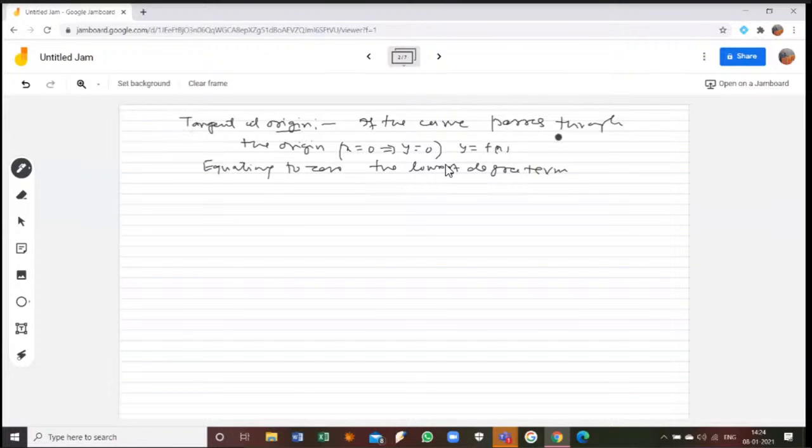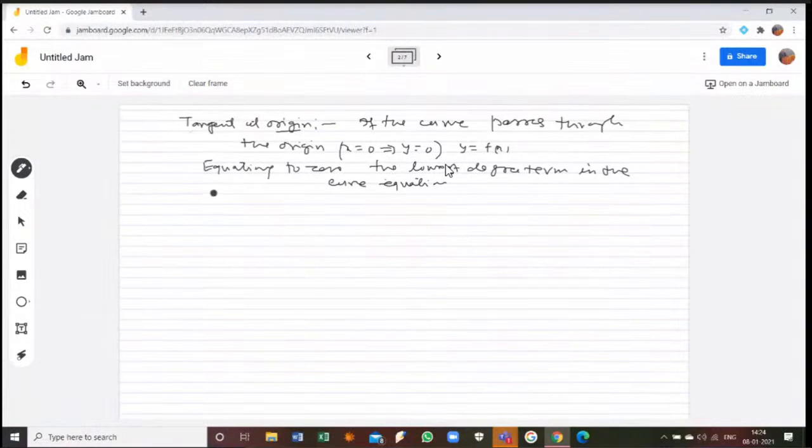So if the curve passes through the origin, then to find the tangent at the origin, the rule is equating to 0 the lowest degree term in the curve equation. You can get the tangent at the origin.